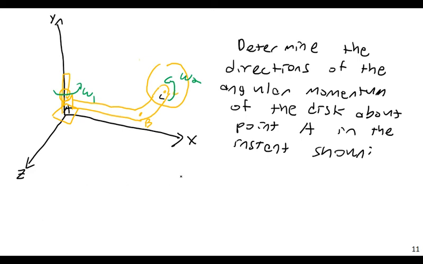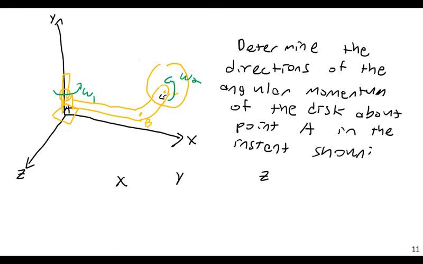If I think of the y and the z, if I apply the right-hand rule, and trace my fingers in a curl along the disk, we can see clearly that the z is going to be positive.